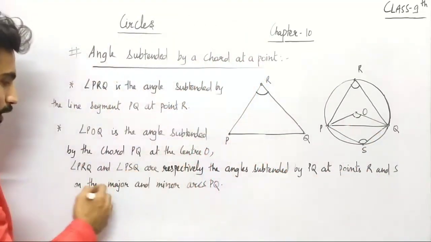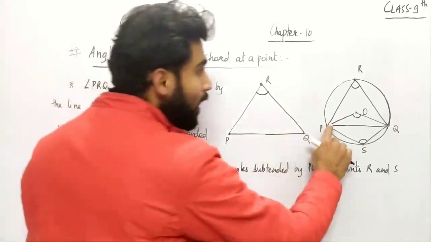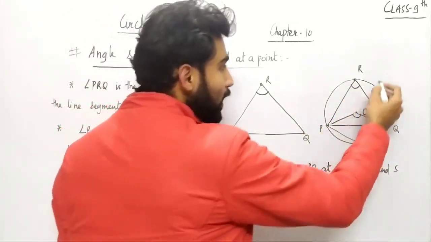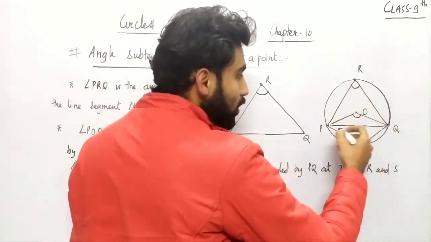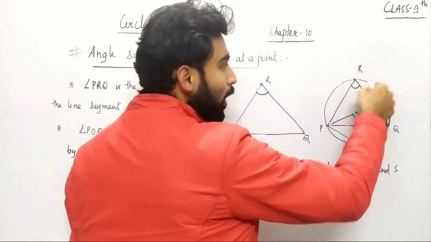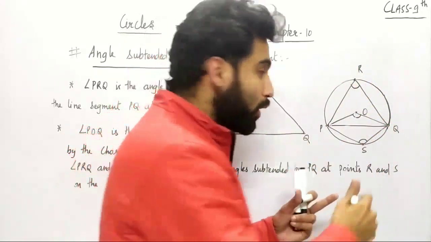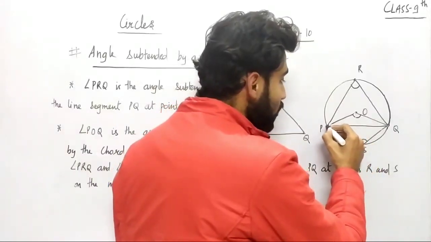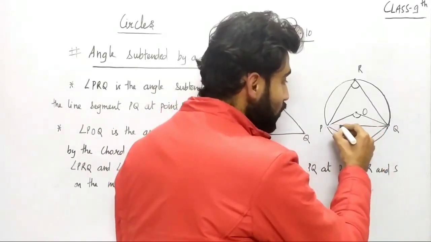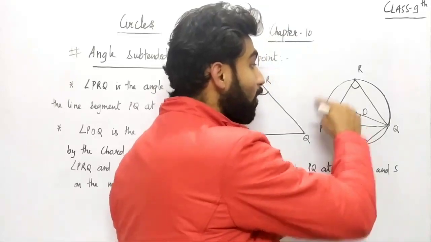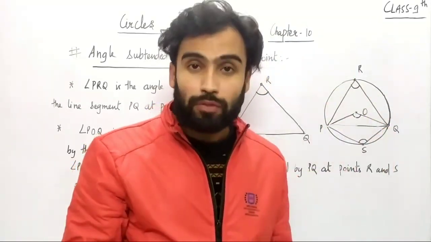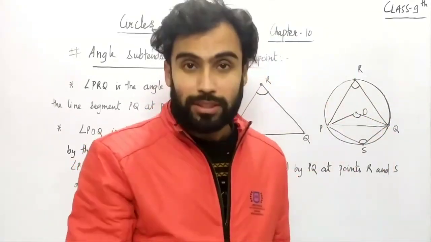Now here it is written angle PRQ. This was the whole circumference of the circle, and the point R is also present on the circumference of the circle. When we draw a chord like this, it divides the circumference of the circle into two parts.